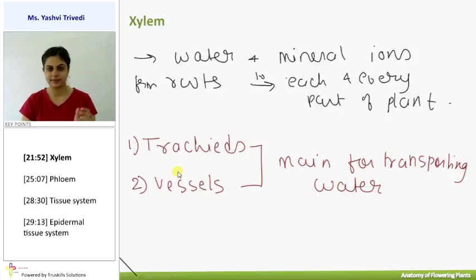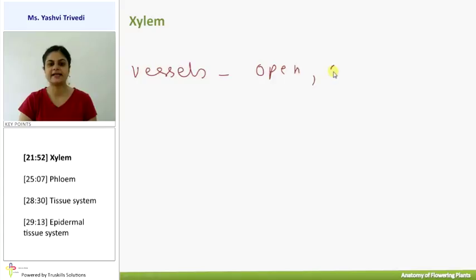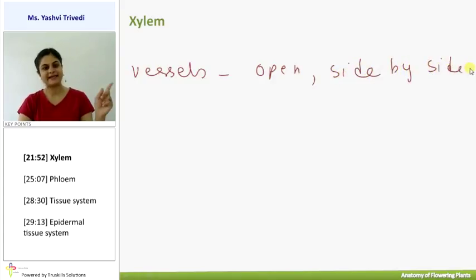I'll tell you the structure of the tracheids and vessel. Tracheids are particularly having pointed ends and they will be overlapping each other. On the contrary, vessels will usually have open ends, that is they don't have that pointed one, they'll be having open ends and they are located side by side to each other. They are not overlapping. Tracheids were pointed, vessels are open ends.